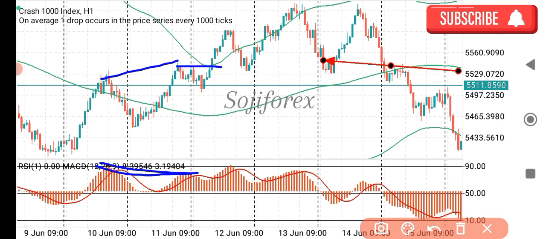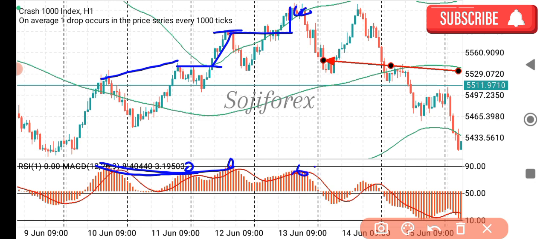This and this is higher. This and this is higher. So here we are correct. Then we have this is higher than this. So this is higher, right? But let's look at what happened here.